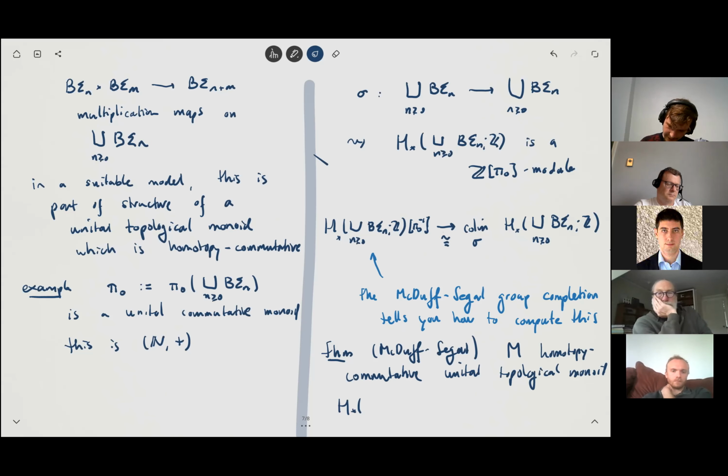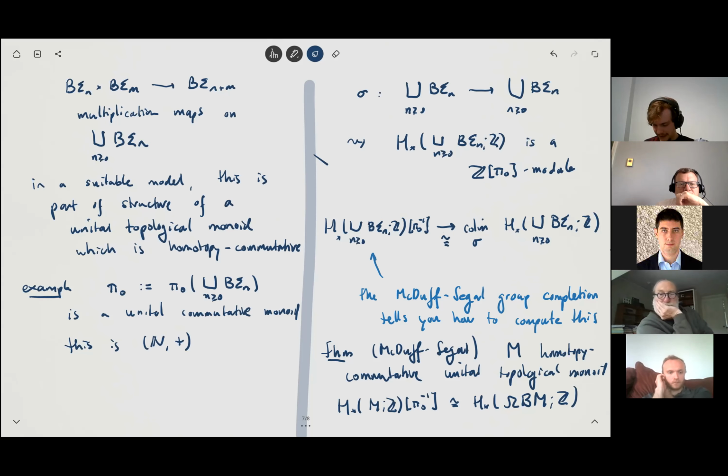Then it says that the homology of M inverting pi 0 is the same as the homology of the loop space of the classifying space of M, which I'll define in a second. But you think of this as a homotopical way of inverting pi 0.